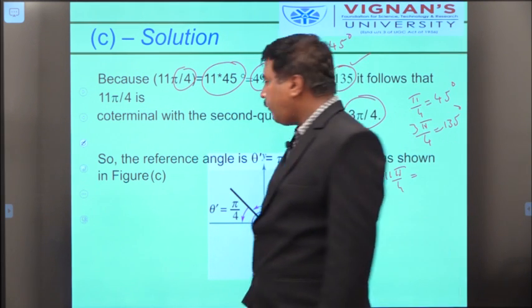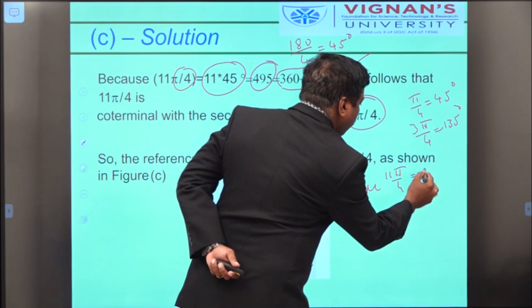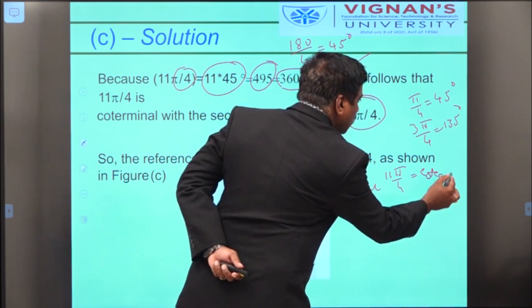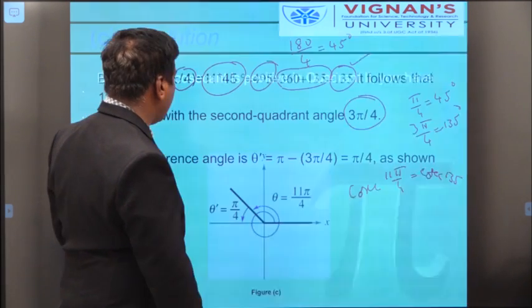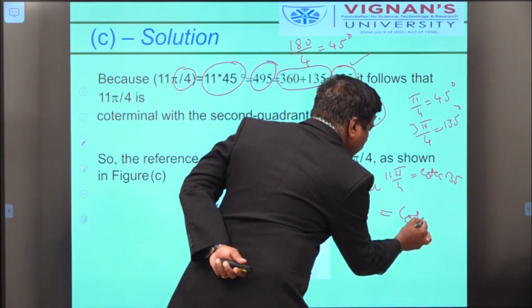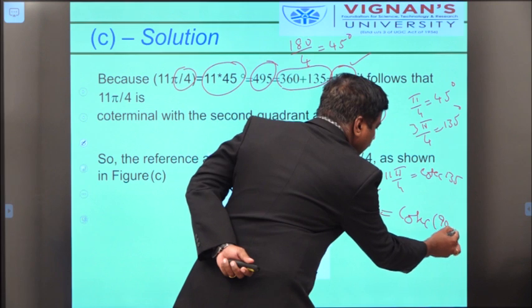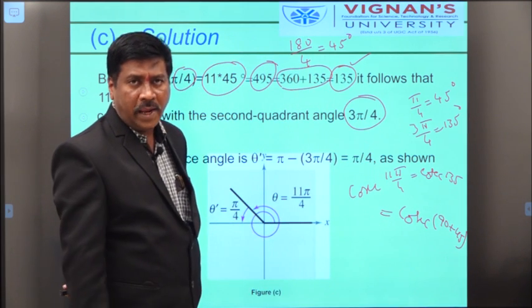Therefore, what value you have to evaluate here? Cosecant of 11 pi by 4, that is cosecant of 135 degrees. This can be written as 90 plus 45 degrees, which we already evaluated in the previous example.